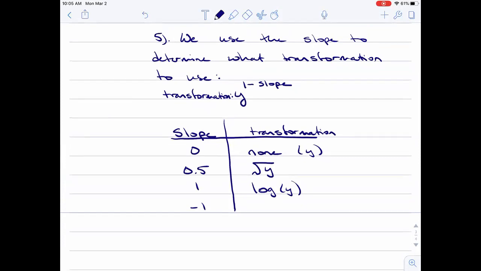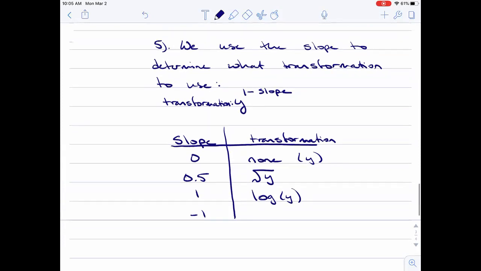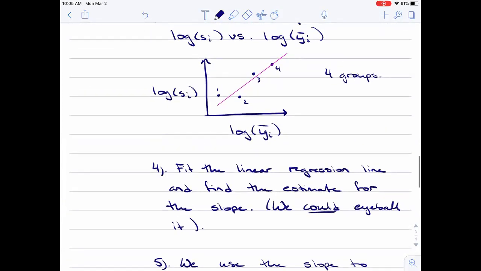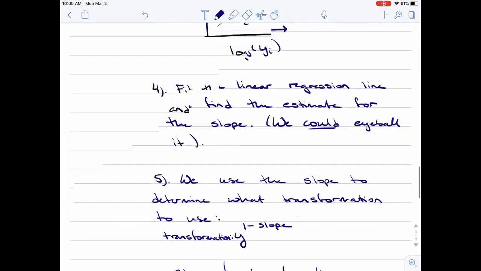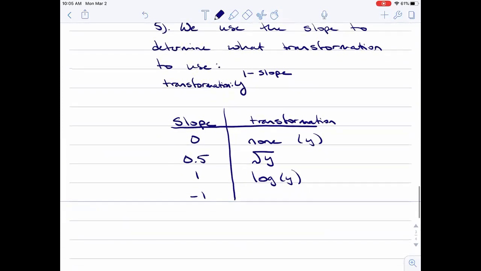You'll have to take the limit, but in my mind, to convince myself, I just say, well, if the slope is 1 here, then the log that I've used to make that line makes sense, and I'm just going to keep using it. So if you find a slope of 1 or roughly 1, then you use a log transformation.